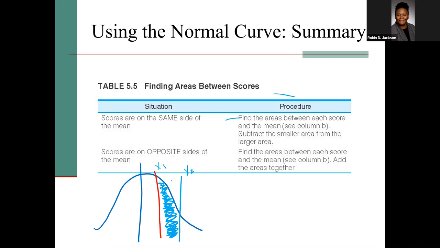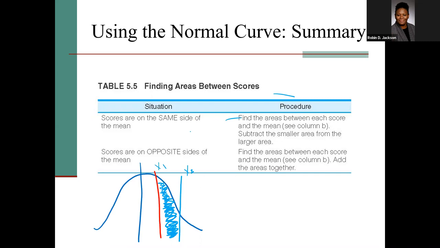You subtract the smaller area from the larger area. So in this instance, you would subtract x1 from x2. I'm not gonna write a formula because what you need to remember is subtract the smaller area from the larger area. But before you do any type of subtraction, you need to find the areas in column B. Then you do the subtraction.